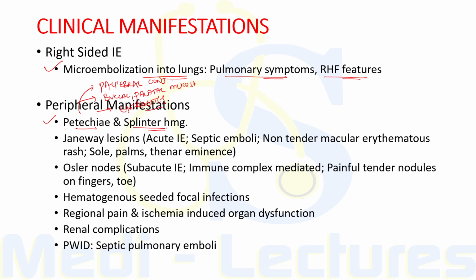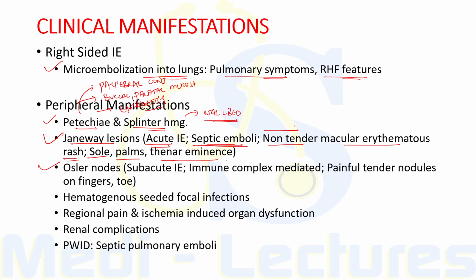Splinter hemorrhage, which is common on the nail bed, can be seen as a peripheral manifestation. Then there are two specific lesions associated, that is Janeway lesions and Osler nodes. So Janeway lesions are common in acute infective endocarditis. These are basically septic emboli resulting in a non-tender macular erythematous rash, typically seen on soles, palms and thenar eminence.